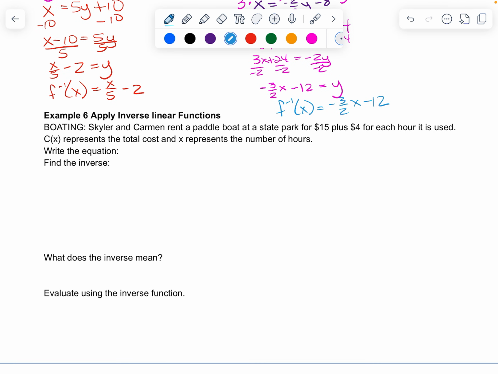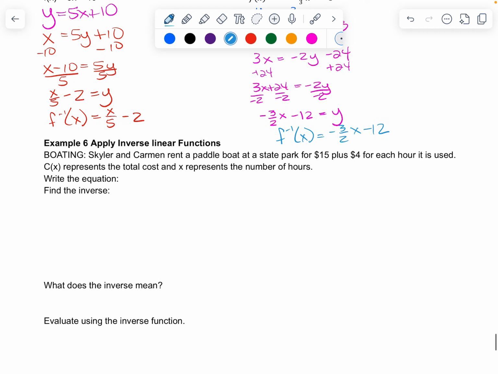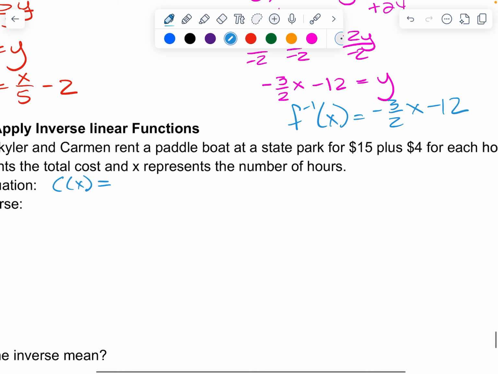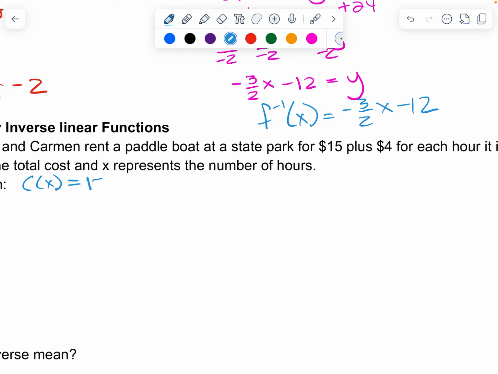Skylar and Carmen rent a paddle boat at a state park for $15 plus $4 for each hour used. C of x represents the total cost, so that's my y value. So C of x equals $15 plus 4 for each hour.